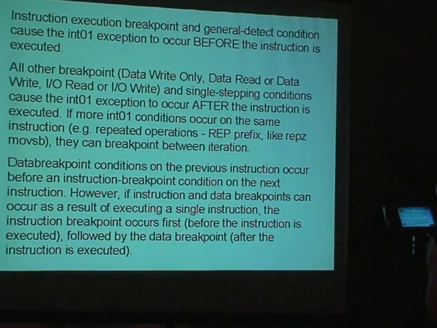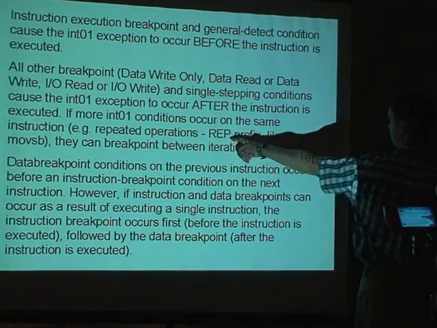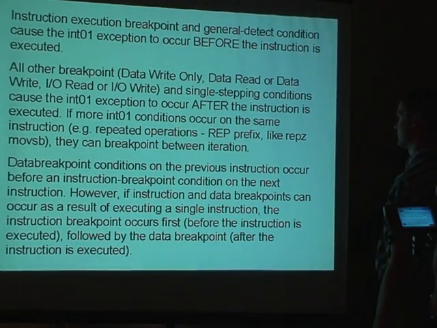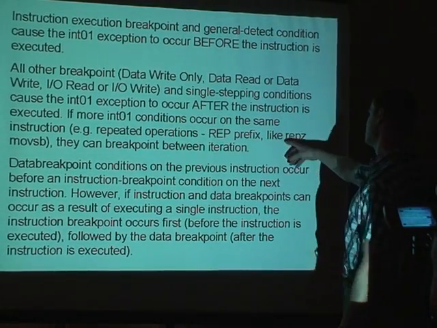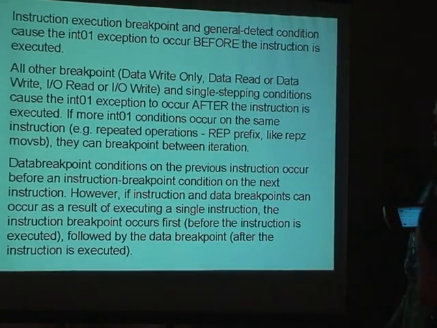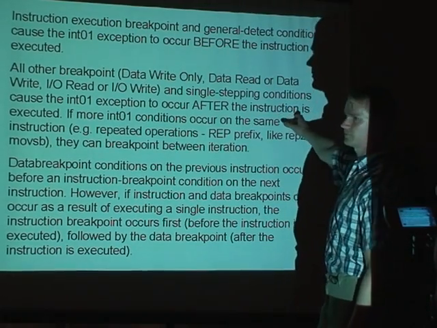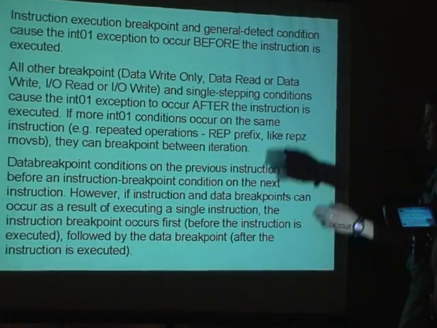But every rule has exceptions, and this one has 2 exceptions. For example, if we have an instruction with a repeat prefix like repeat movs, then we can breakpoint between the iterations, not at the end of the instruction.